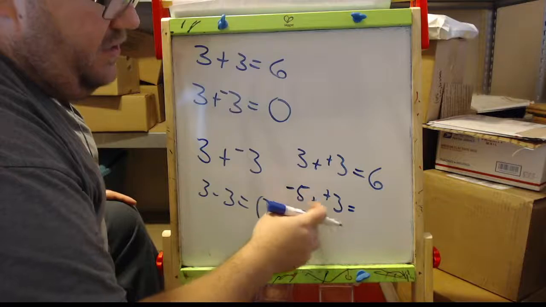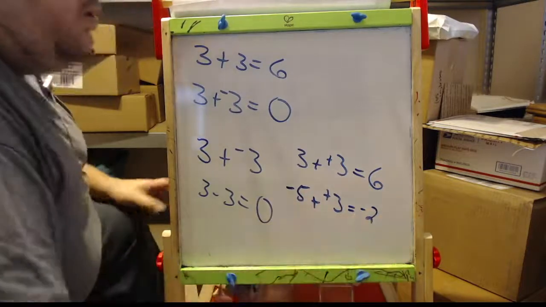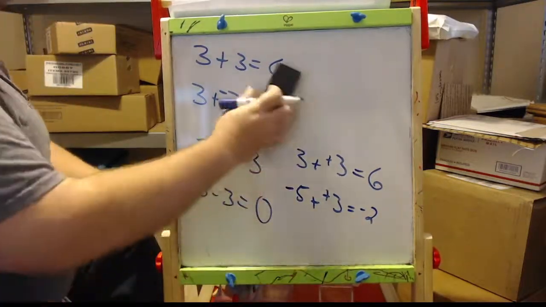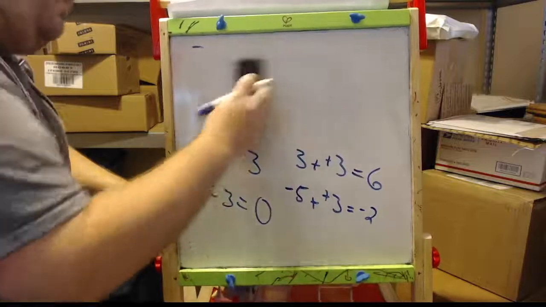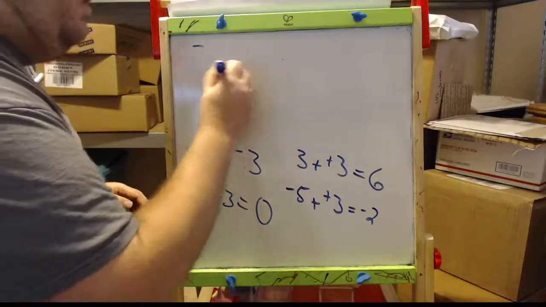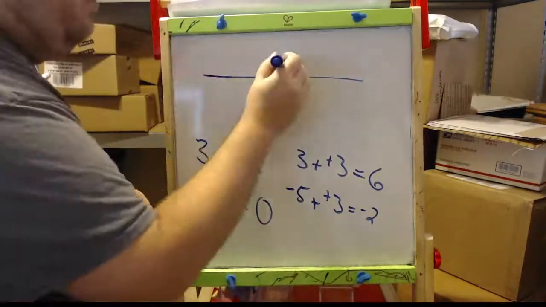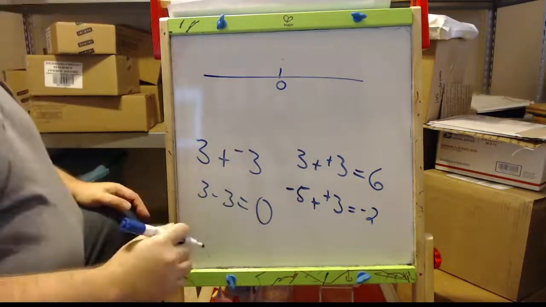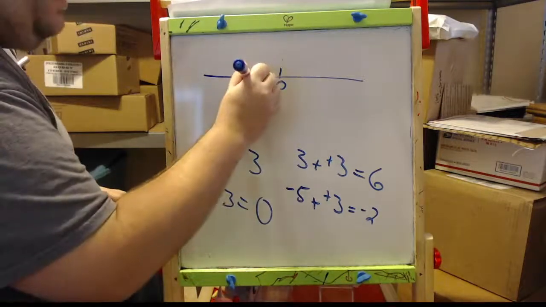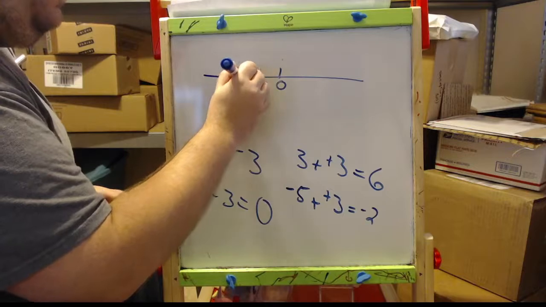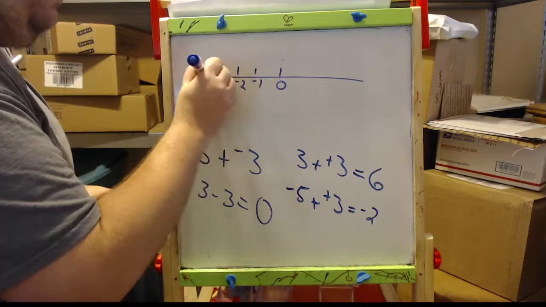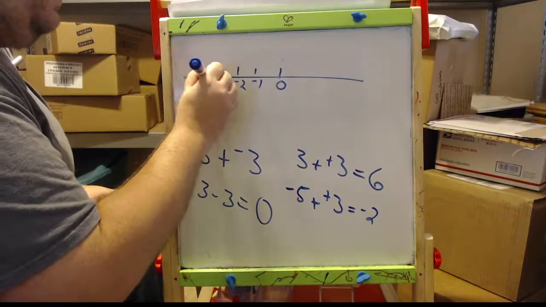And if you can't see that that's negative 2, what you can do is draw a number line. Draw yourself a number line like so. Put 0 here, and do negative 1, negative 2, negative 3. We'll go all the way out to negative 5 since that's what I did.